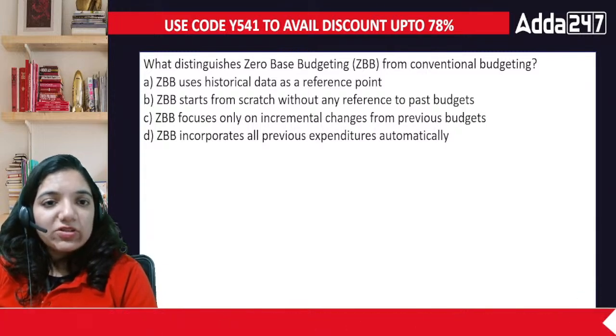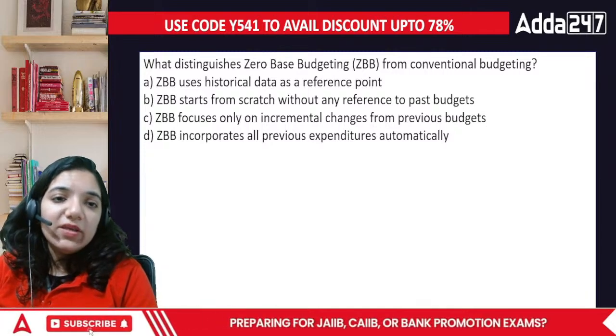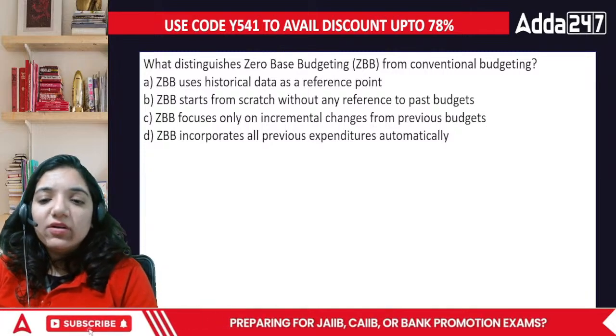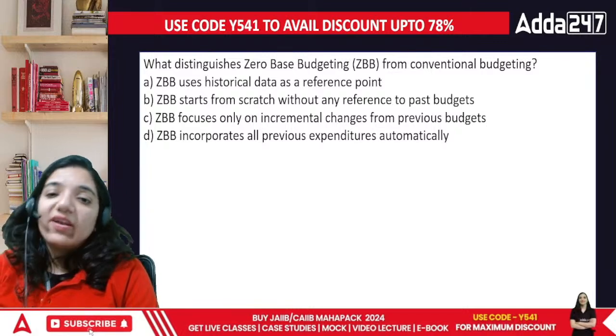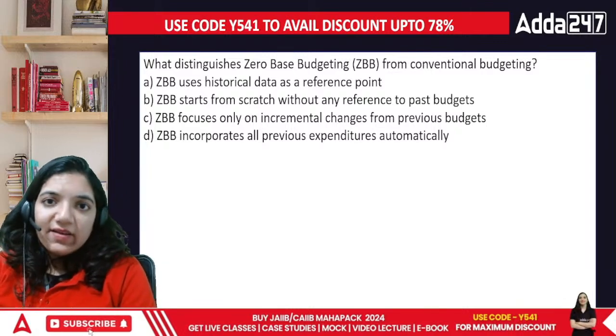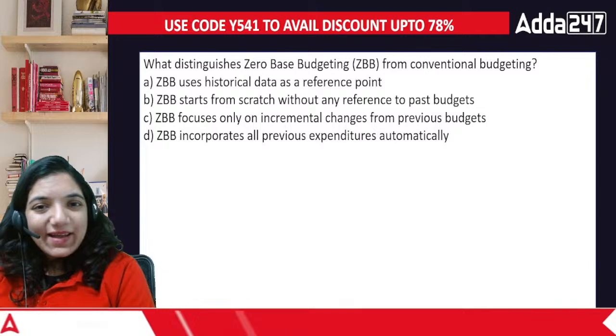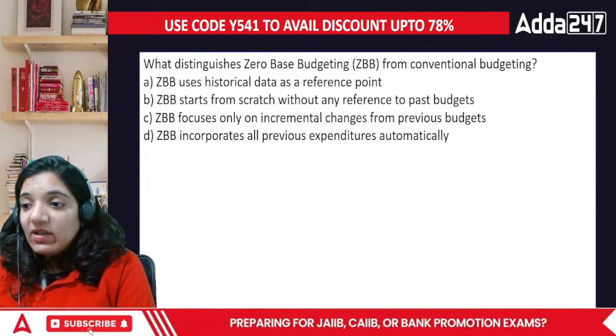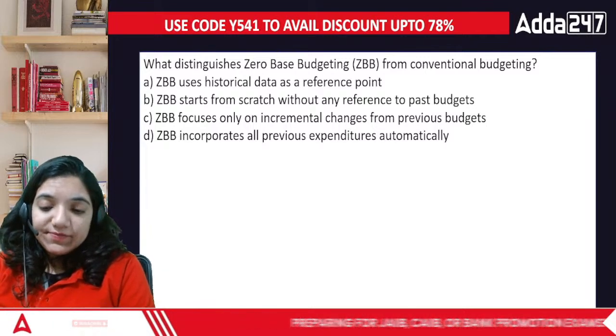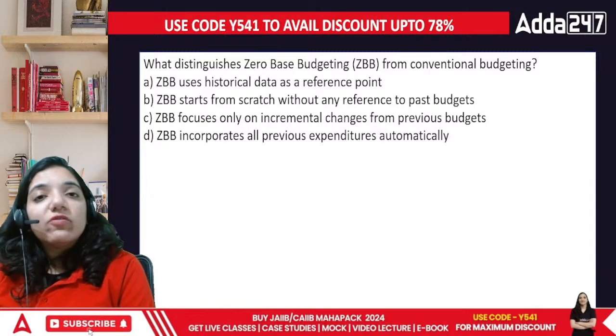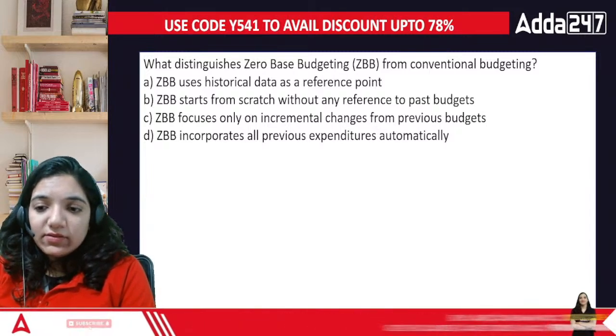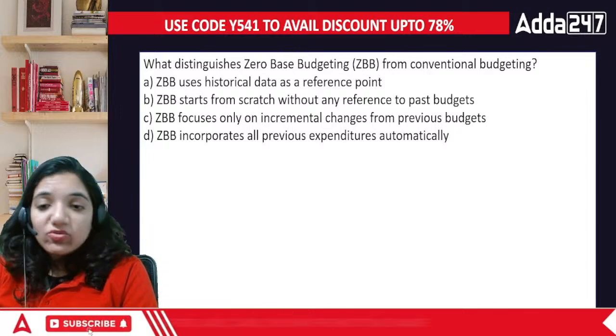This particular point is called ZBB, also known as zero base budgeting, where the budget is set on the basis of the current situations, not on the basis of the past. For example, during the COVID period, entire dimensions changed altogether. It's no longer the same.